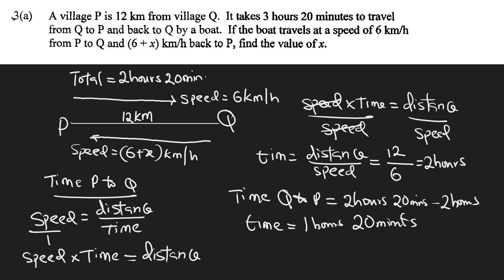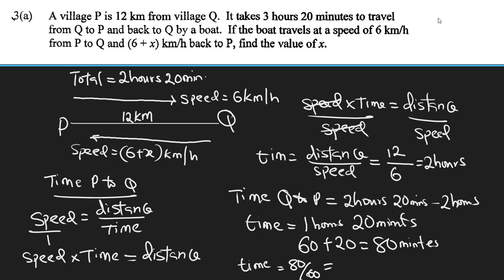So how are we going to do it? How many minutes make an hour? 60. So this 1 hour is 60 plus another 20 minutes, 60 plus 20 is 80 minutes. So if we say 80 minutes, this 80 divided by 60. So our time now is going to be 80 divided by 60. Use your calculator.